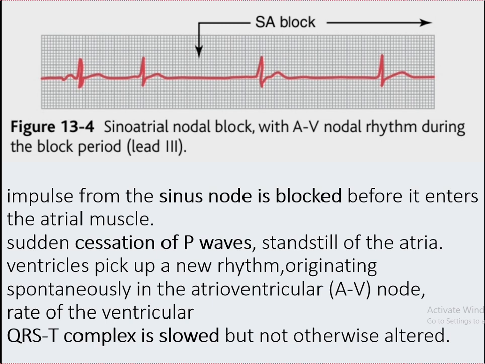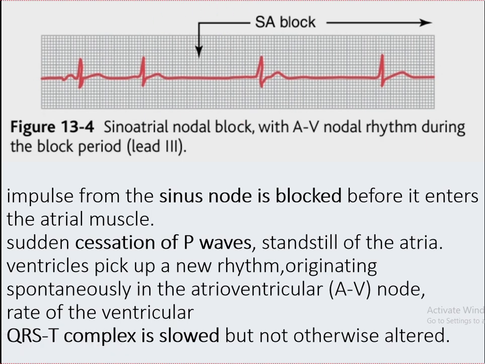However, since the SA node is not the only pacemaker, the AV node and the bundle of His and Purkinje fibers, the rest of the conduction system, are able to generate impulses. So now we'll have a slow heart rate, meaning you'll have prolonged periods where we have no electrical activity.